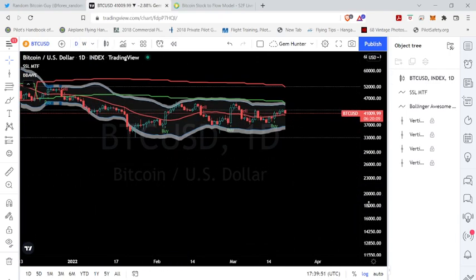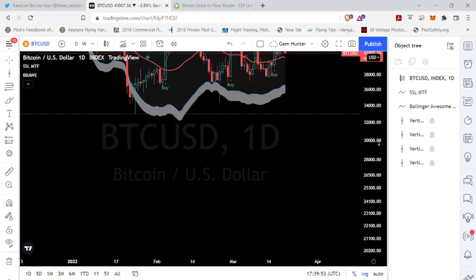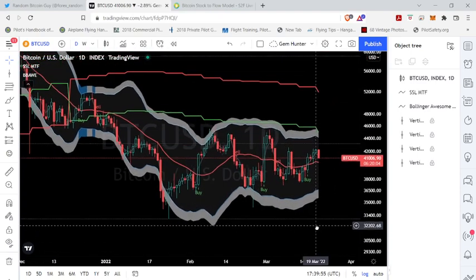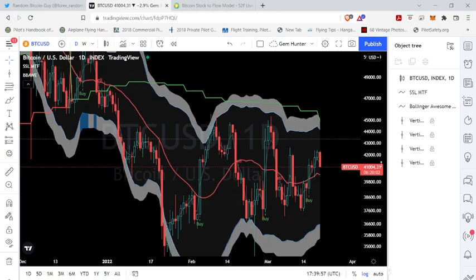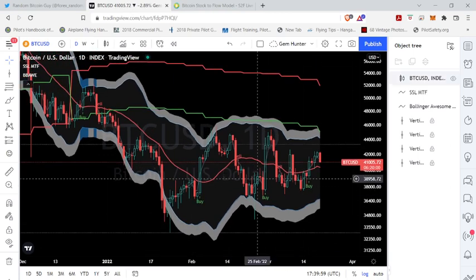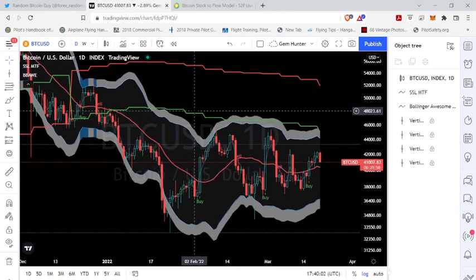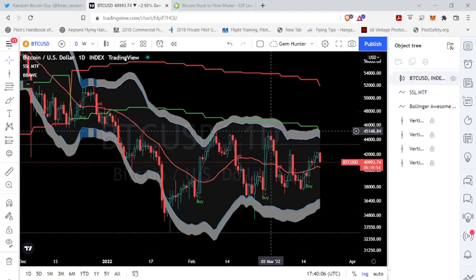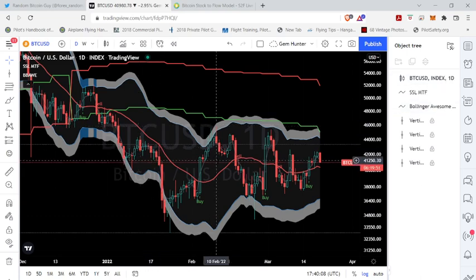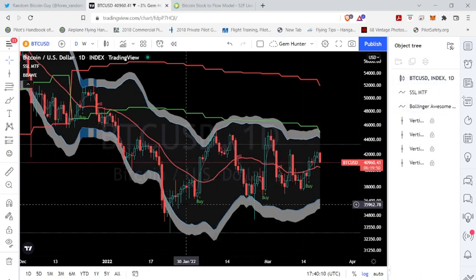I had to show you the weekly, but when we do the dollar cost average beast mode strategy, we use the daily chart. So as you can see, the SSL stays on the weekly chart as a weekly indicator. That's why you see all these jumps and staggers, but this is all smoothed out because this is on the daily, and so we're going to keep it on the daily.